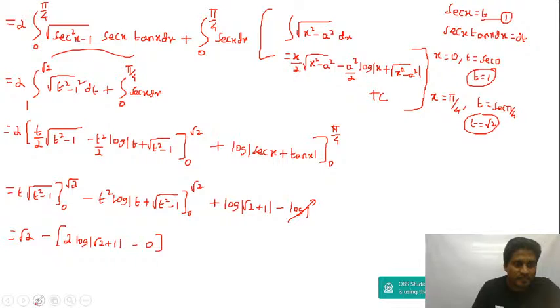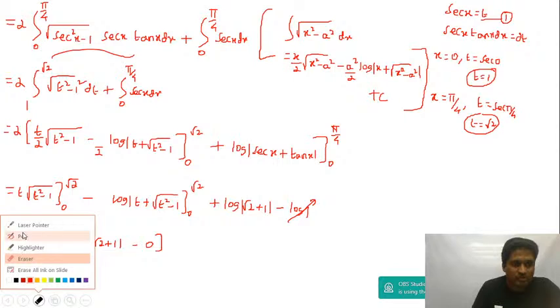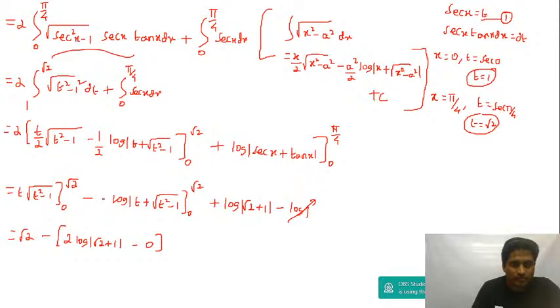Plus a square by 2, a is 1 only, guys. Here plus a square by 2 is 1 by 2. You open the bracket, you still get 1. So there is no 2 here. If you open the bracket, upper limit is root 2 minus 1.